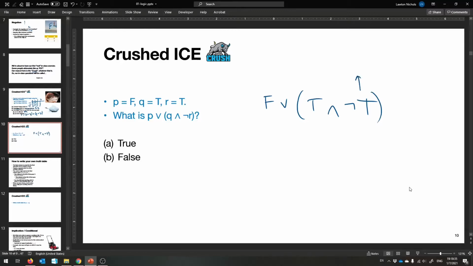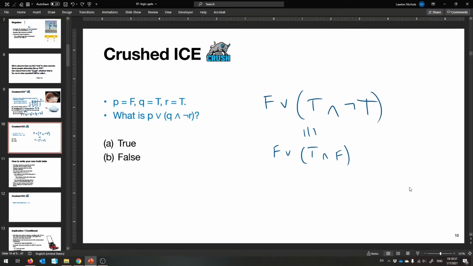Okay, so not true is false. That's not too bad. And then we have the rest of it. Let me put this down here. This is now equivalent to false or true and false. Now we can look at the table for and, because we have to do that one first with our parentheses.